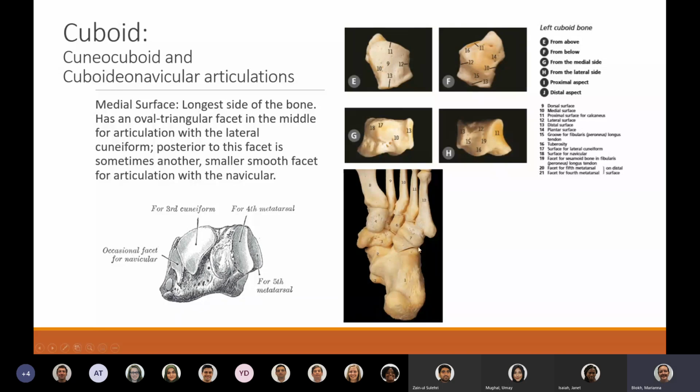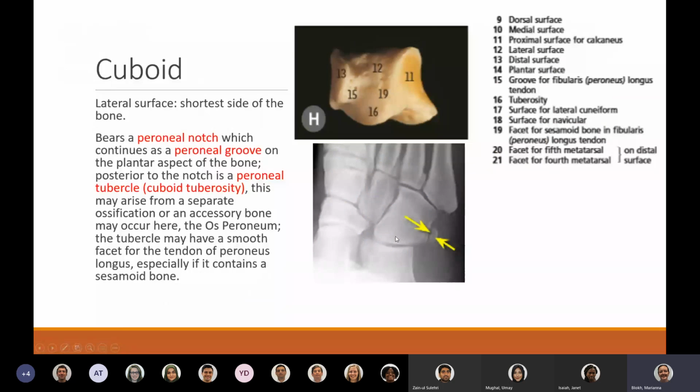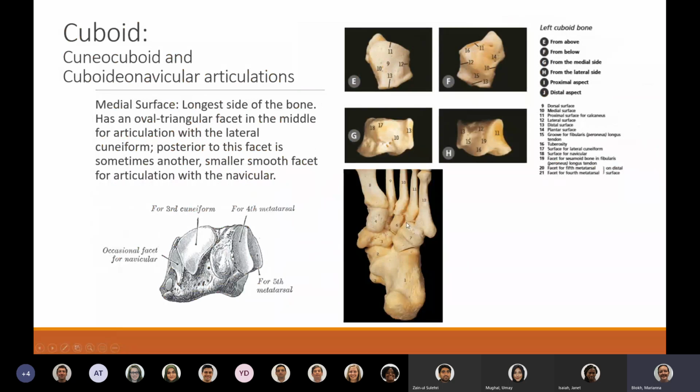Another thing to note: if you look at the lateral surface and compare it to the medial surface of the cuboid, the lateral surface is pretty small. The medial surface is large, and one board question could be that it is the longest side of the cuboid. What articulates with the medial surface of the cuboid?